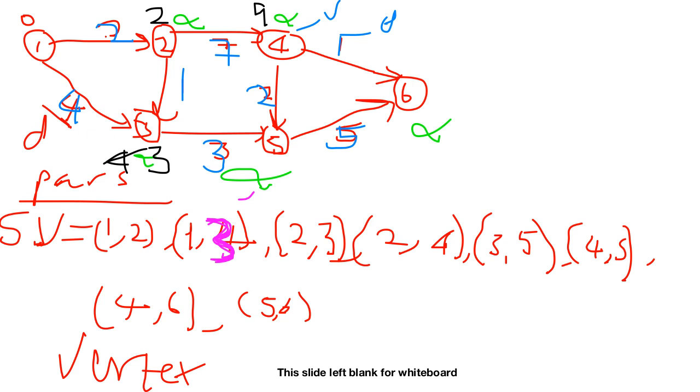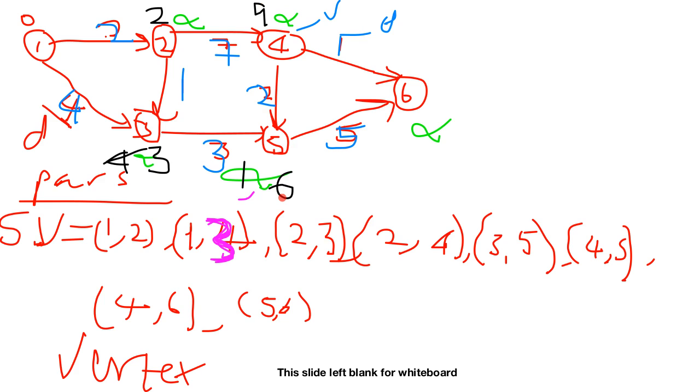Then the next one is 3 to 5. When moving 3 to 5, we take 3 plus 3, which is 6. First, we replace that. Then there is 4 to 5, that is 9 plus 2, which is 11.